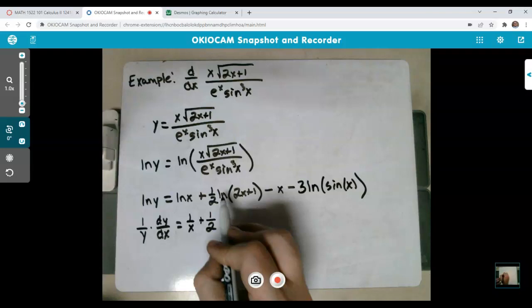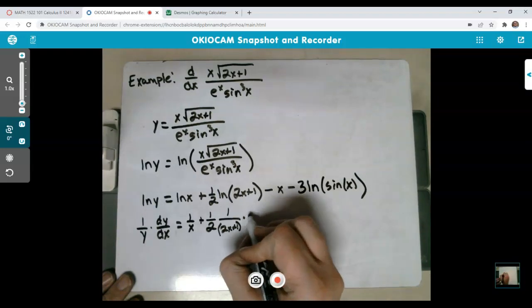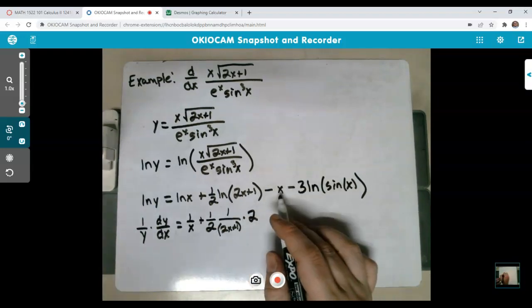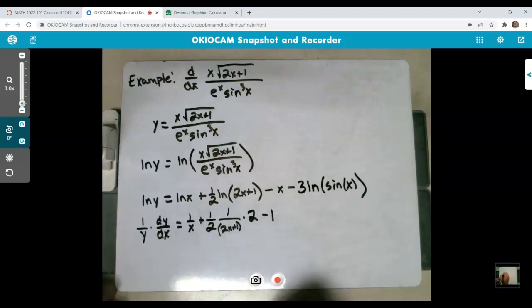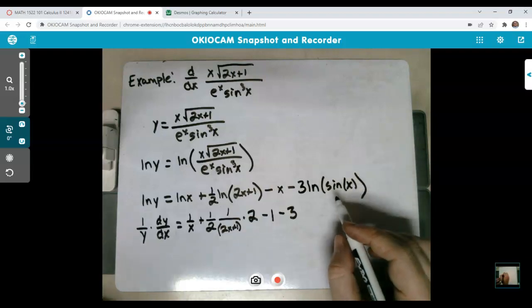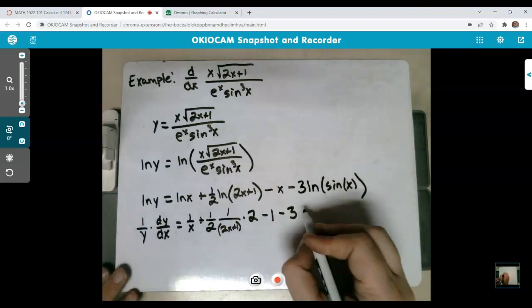The derivative of 2x plus 1 is 2, so times 2. The derivative of x is a 1, so minus 1. And then minus 3. Whenever I do a logarithm, it's 1 over that stuff times the derivative of that stuff.